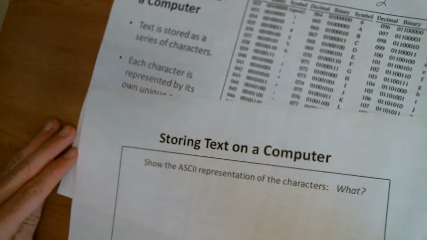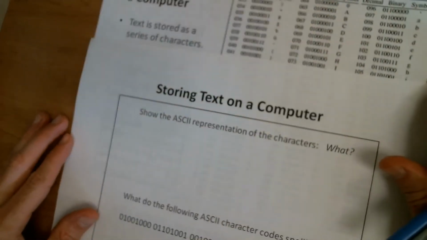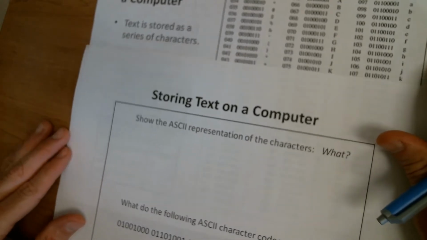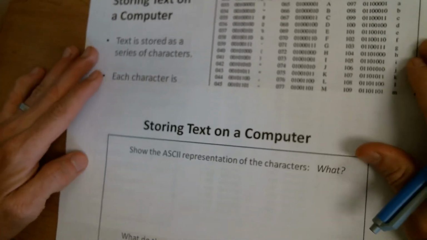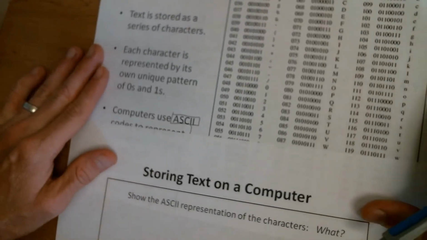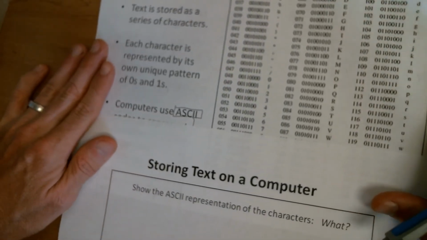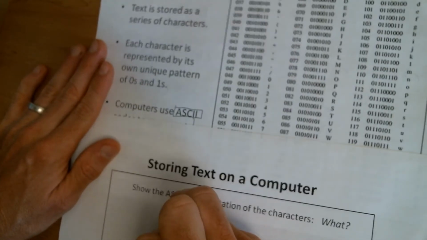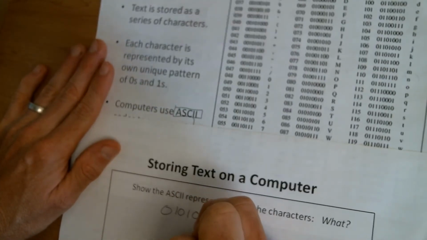So let's say we wanted to show the ASCII representation of the characters what. All right, so we would go to our table here, and we would say to ourselves, okay, uppercase W is 0, 1, 0, 1, 0, 1, 1, 1.